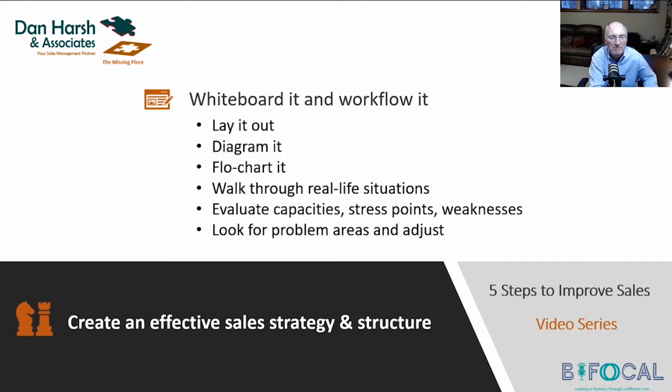Can it keep up with the amount of activity my lead generation is going to generate? I'm looking for problem areas, and then I'll adjust. So once you have this strategy laid out, flow chart it, whiteboard it out, whatever, and walk through real life situations to see where the stress points are. Where is this maybe not working? And then you can begin to adjust.